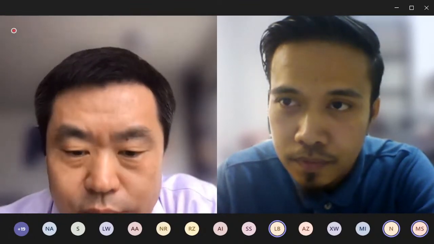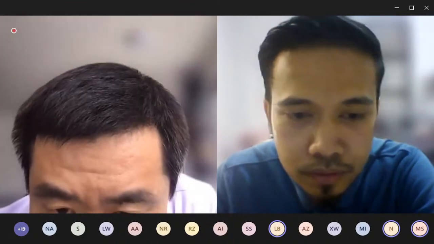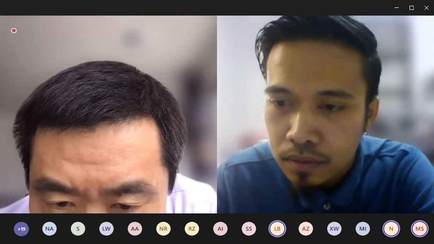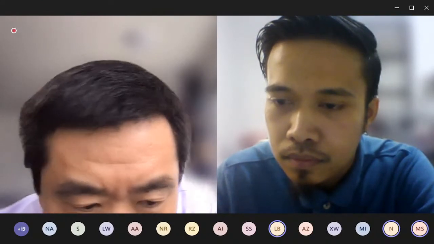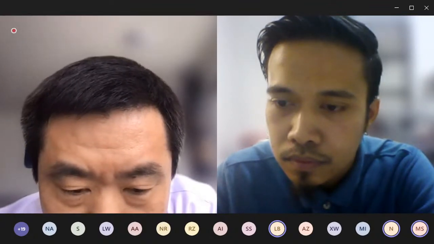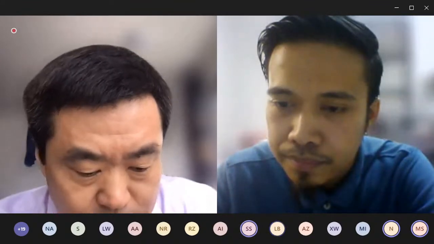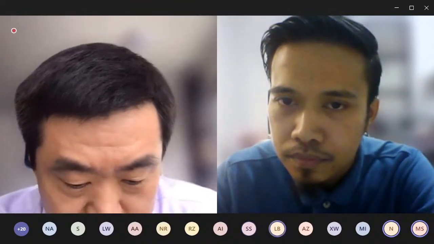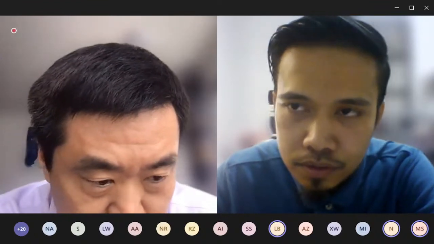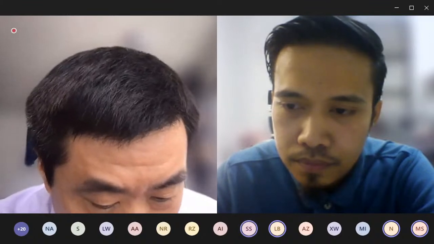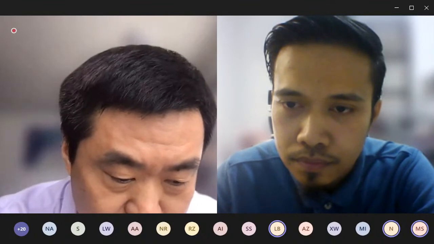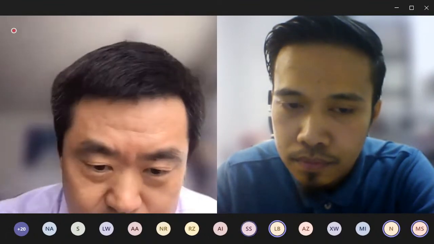Yes, Prof. I cannot find the share button. Really sorry. Prof, can you try Control Shift E? Control Shift and the E, right? Yes. Is there any window open? Together, the three buttons.